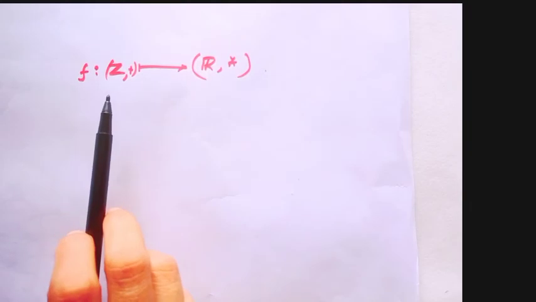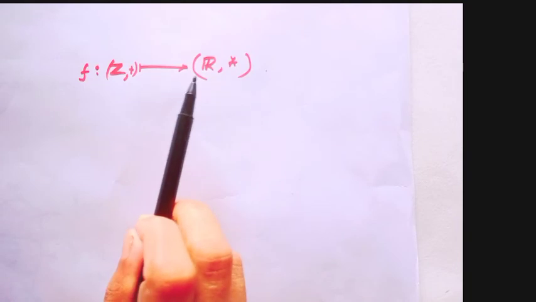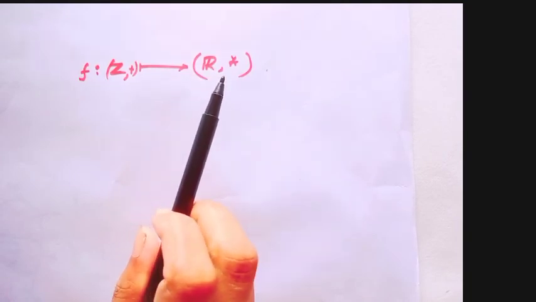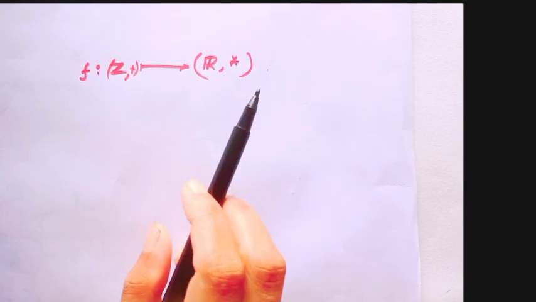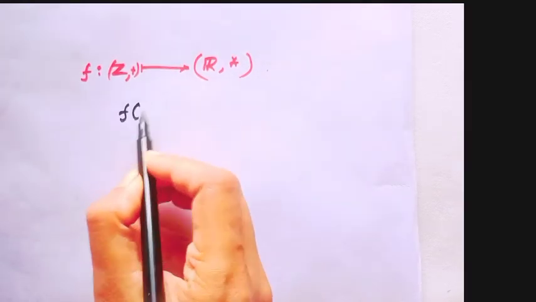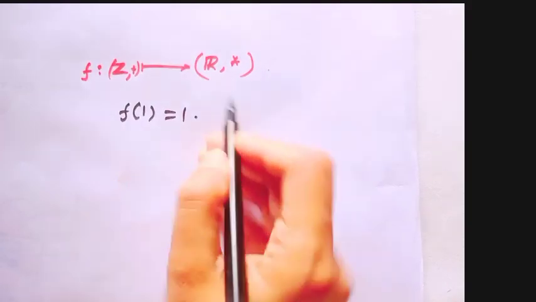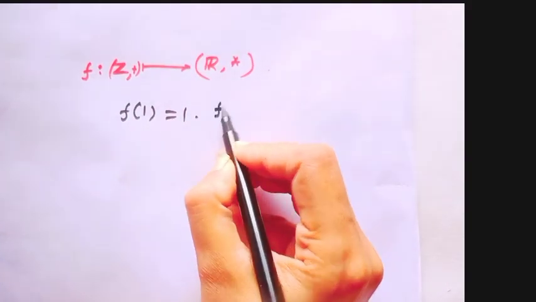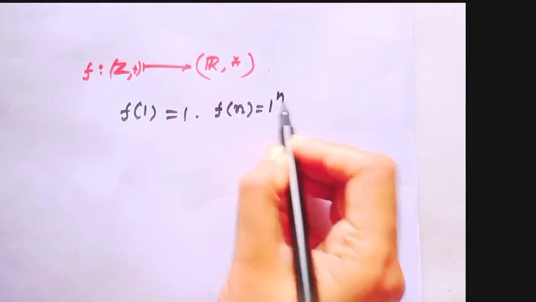Let f be a mapping from the integers under addition to the multiplicative group of non-zero real numbers under multiplication. Here we can take f of 1 equal to 1. By these rules, after multiplying, I will get f of n equal to 1 to the power n.